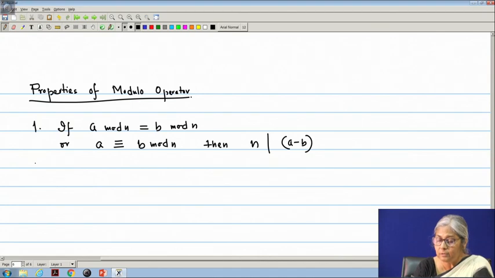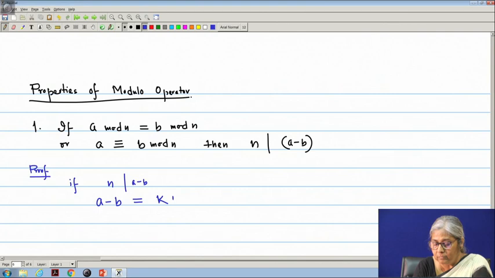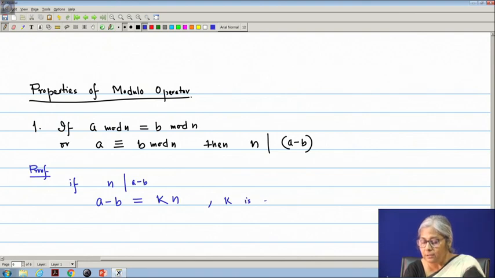How can we explain this? We start from this, and I can write the proof or explanation, whatever we call it, because it is trivial. If n divides a minus b, that means a minus b equals k n, because there is no remainder, and k is the integer quotient.